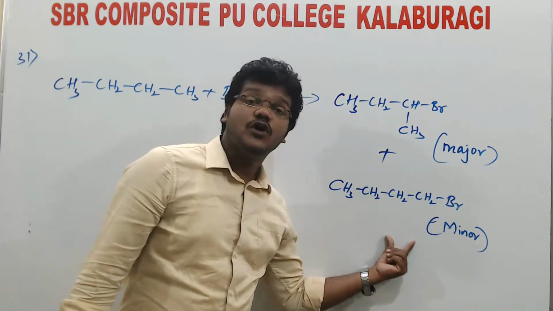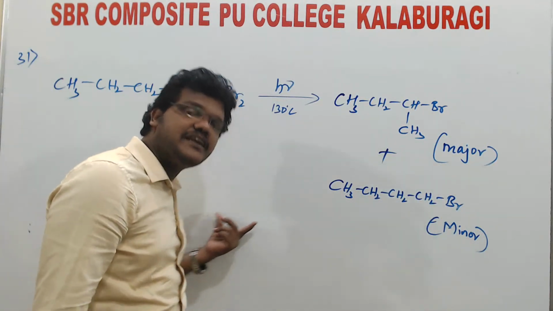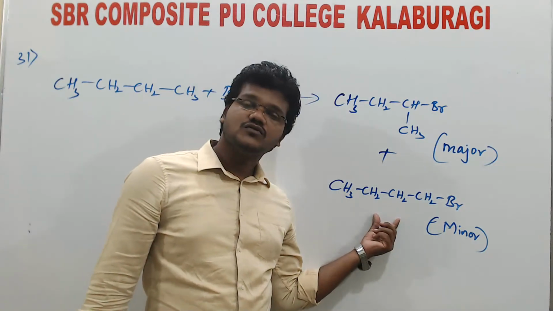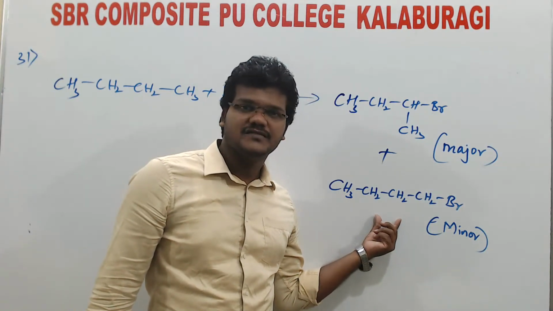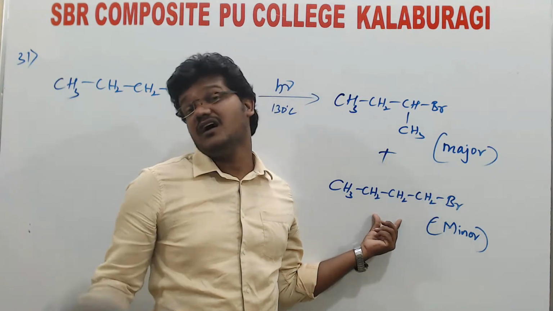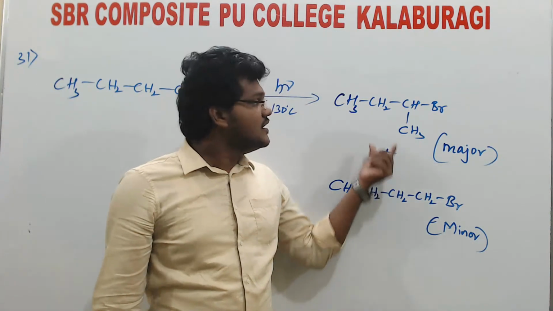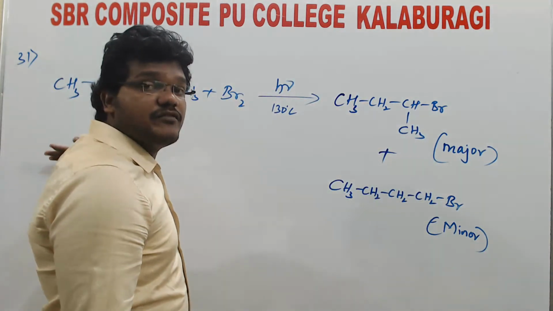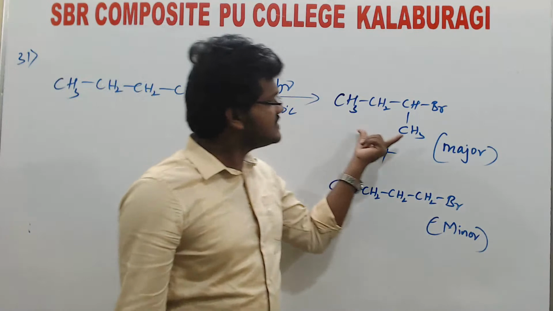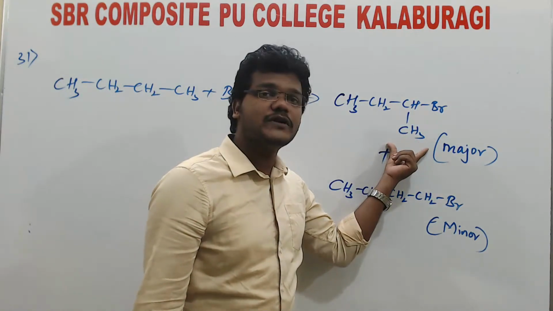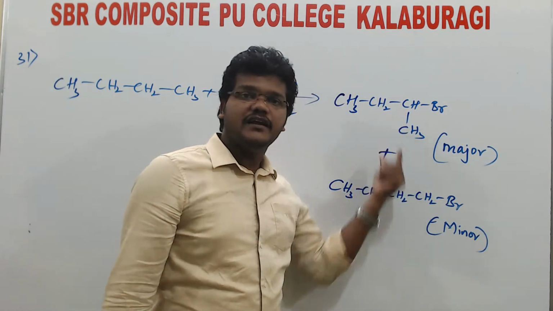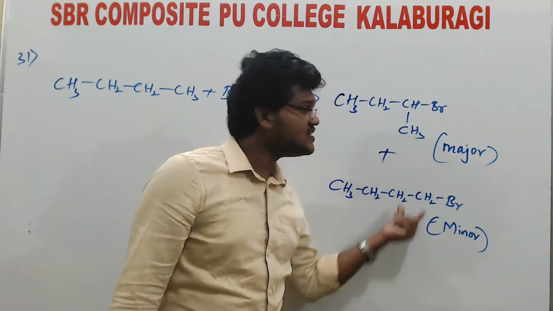A product formed through an unstable intermediate is minor. So 2-bromobutane is major compared to 1-bromobutane. Secondary, primary. This is major.